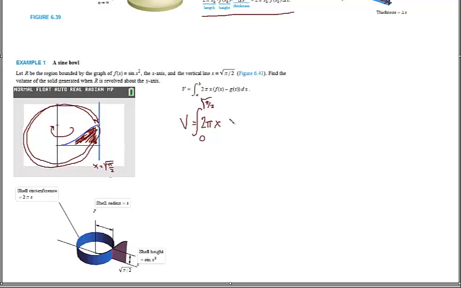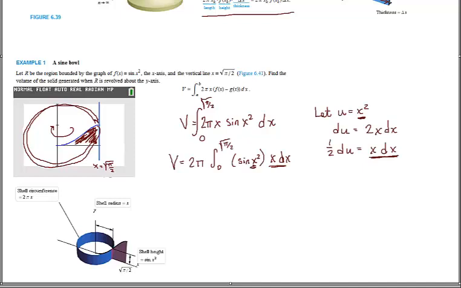So you could say minus 0 if you want. You would say sine of x squared, and then you would say minus 0 if it didn't go down to that x-axis. Alright, so the next thing I need to do is integrate this.